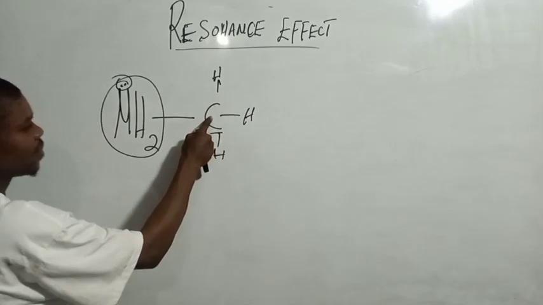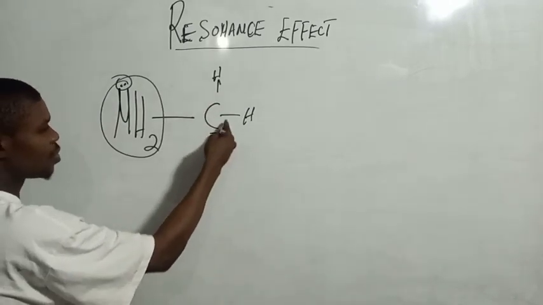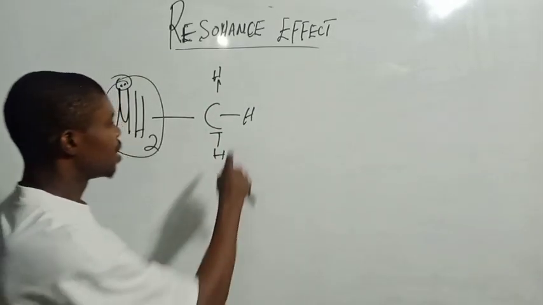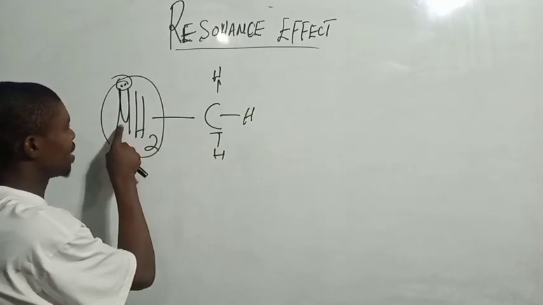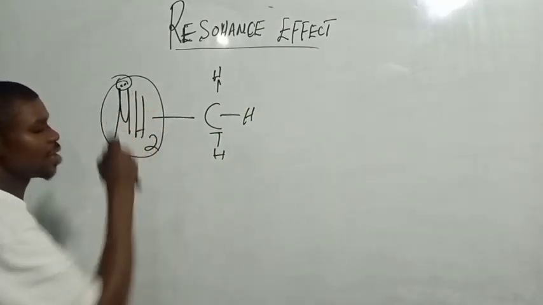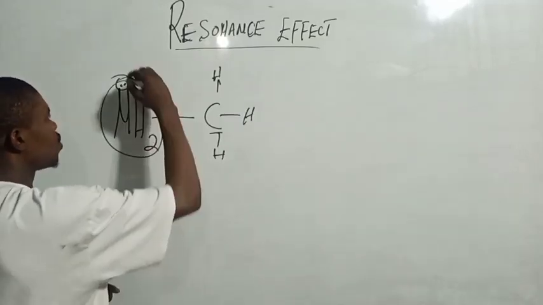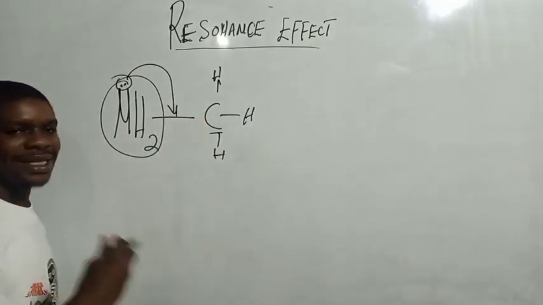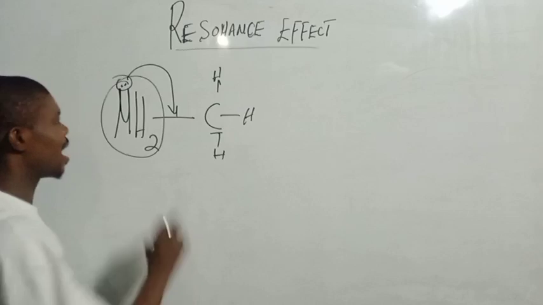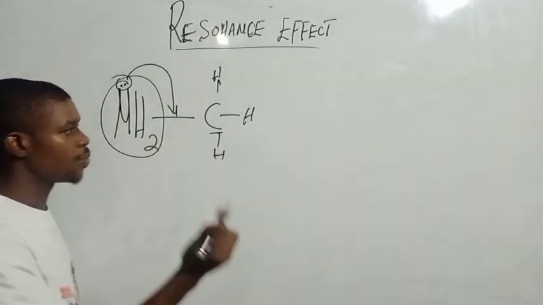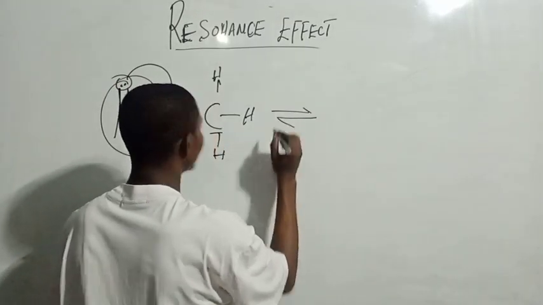If you check this very well, this carbon here is already having 4 bonds: three hydrogens and one bond connected to nitrogen. Now this electron is said to be localized, where you cannot move it to a certain point here to form a single bond. If for example I should move this one here to form a double bond, this is what I want to get as a resonance structure.